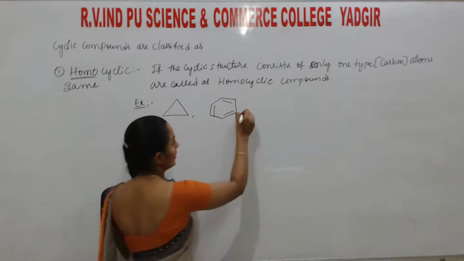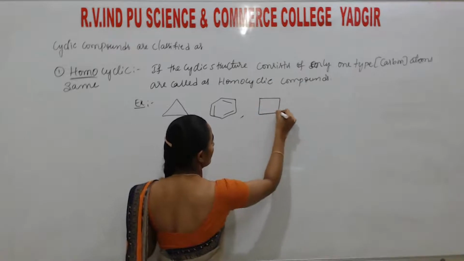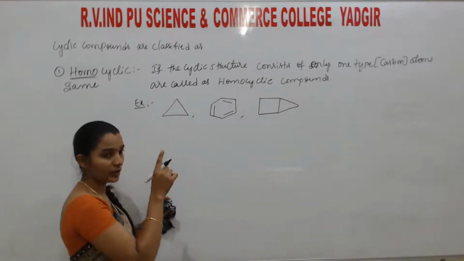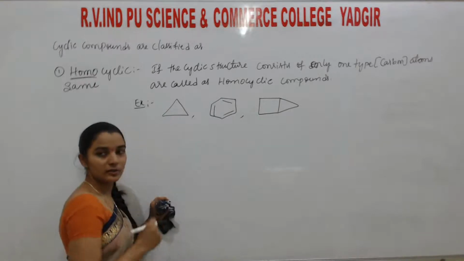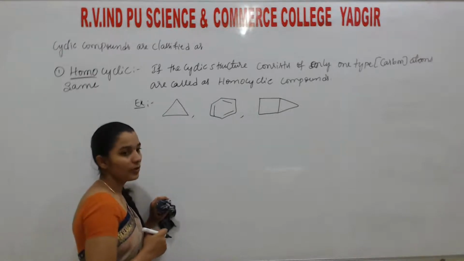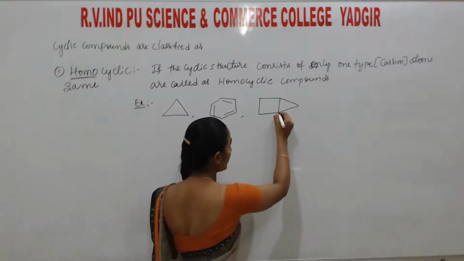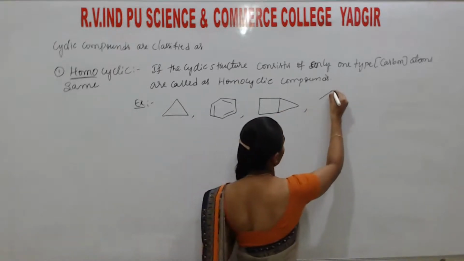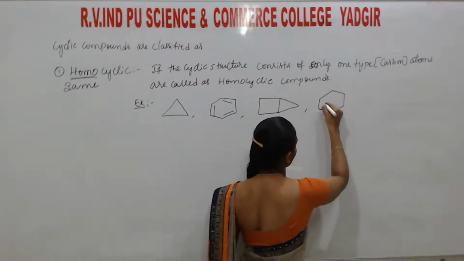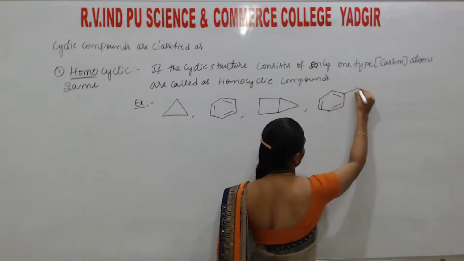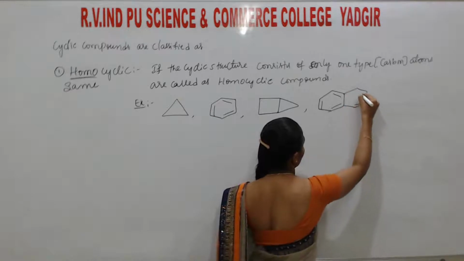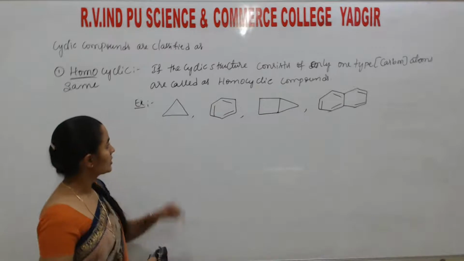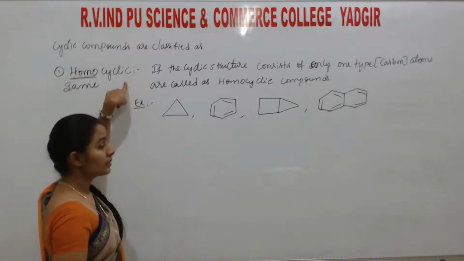Cyclobutane and cyclopropane are also made up of the same type of carbon atom, so they are also examples for homocyclic. Next, you take naphthalene or anything else. All are made up of only carbon atoms. So this is an example for what? Homocyclic.